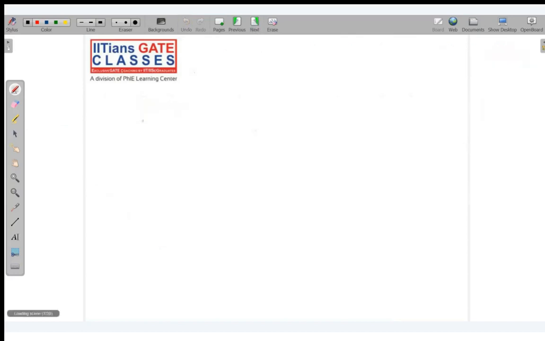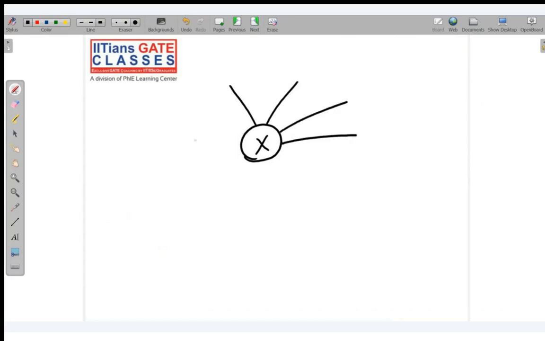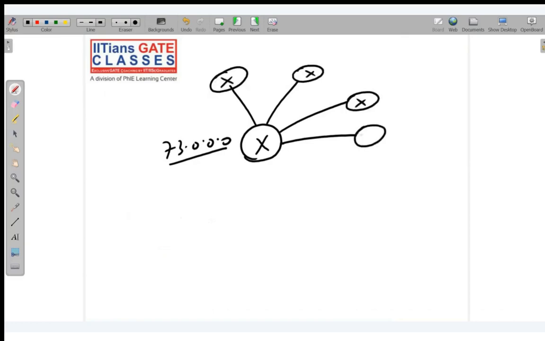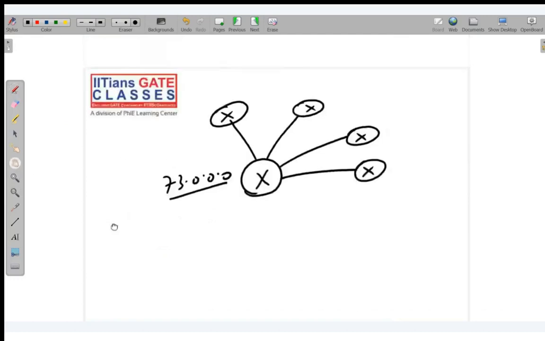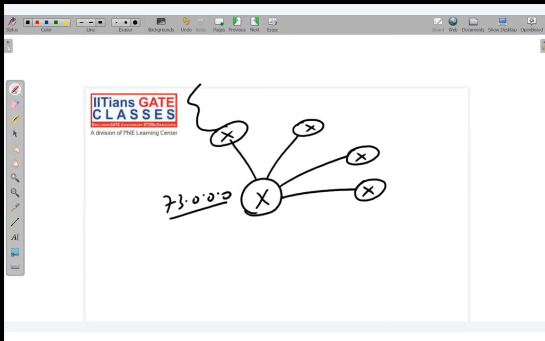Okay, so for example I have this router, and now we have done subnetting. So we have a class A block 73.0.0.0. Roughly, this address is given to this entire network. Here we have four different routers, which will forward the packet to the respective host. This router is connected with a network, since we have divided it into four different subnets now.